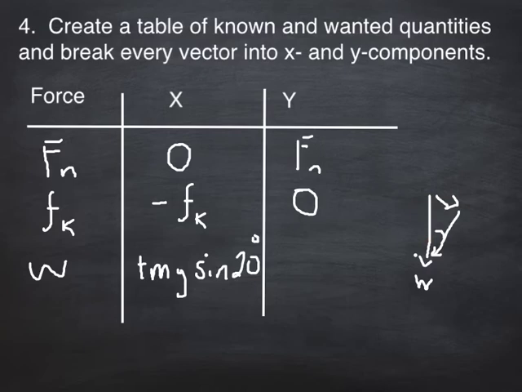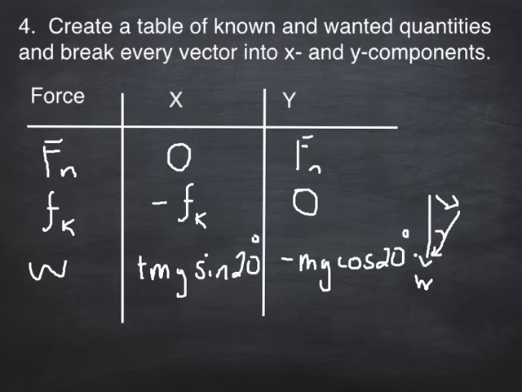Meanwhile, the component along y is a negative pointing component. It points into the ramp, and so this is going to have a negative mg, and this one is a cosine of 20 degrees, and that's because the part aligned with the y-axis points into the ramp.